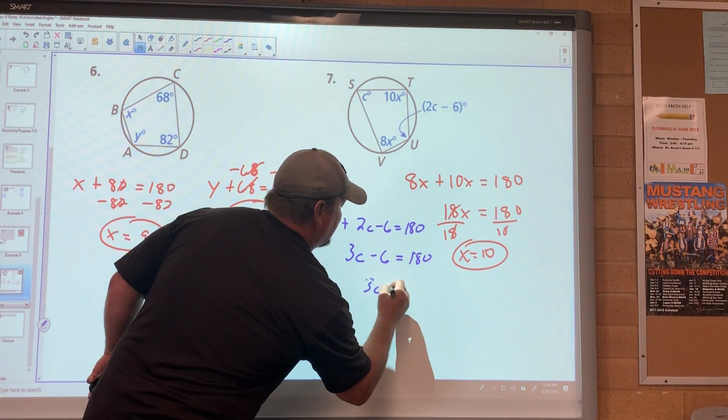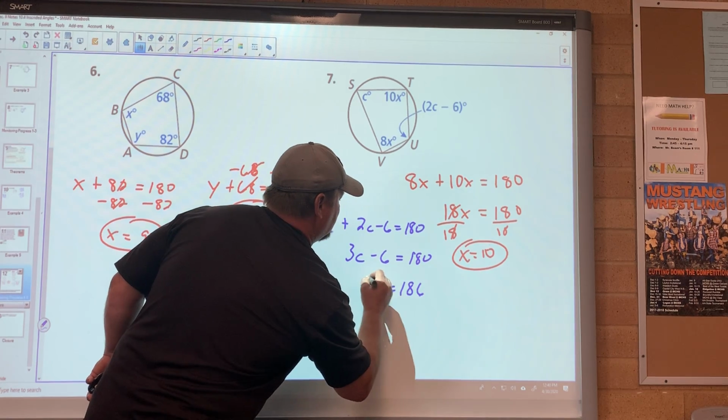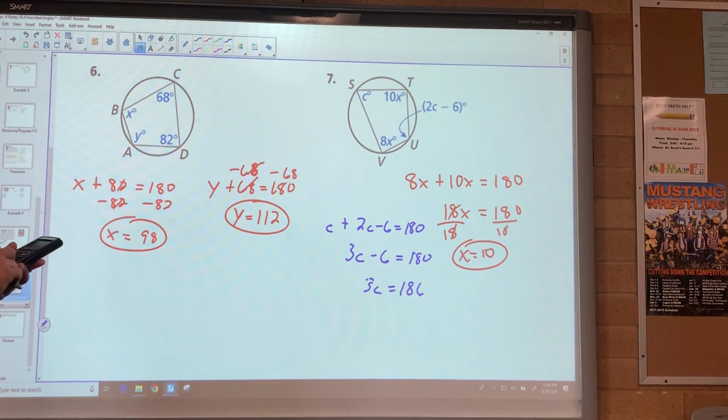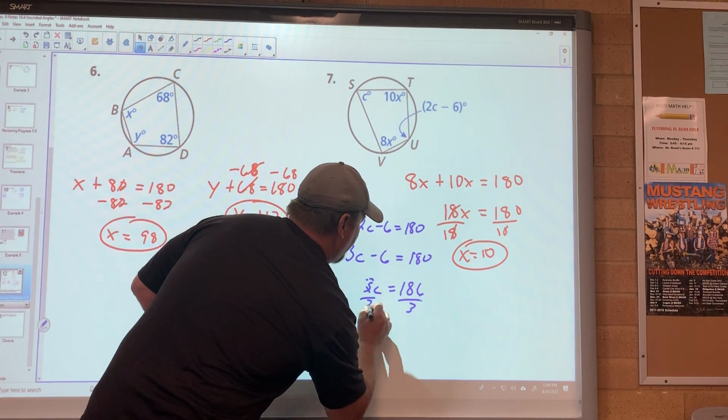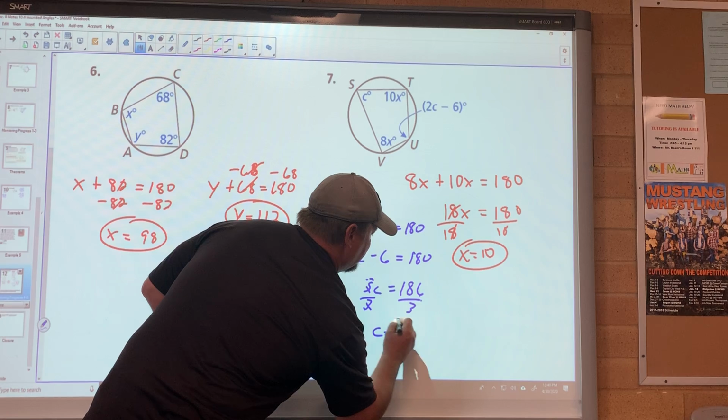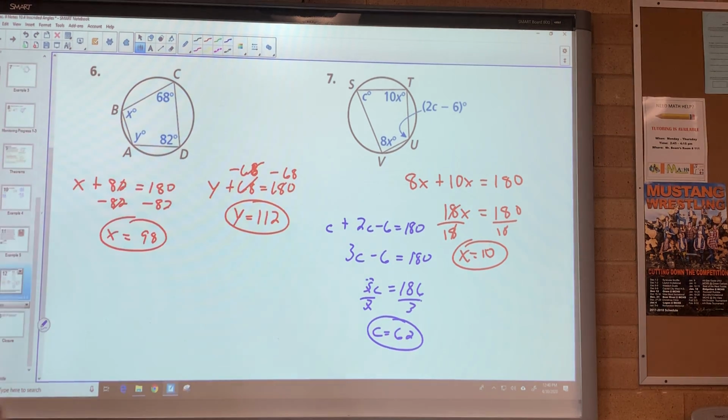So 3c equals 186. And we'll divide that. It should be 62. 186 divided by 3 is 62. C equals 62. So we were able to find each of the variables with the rules that we know.